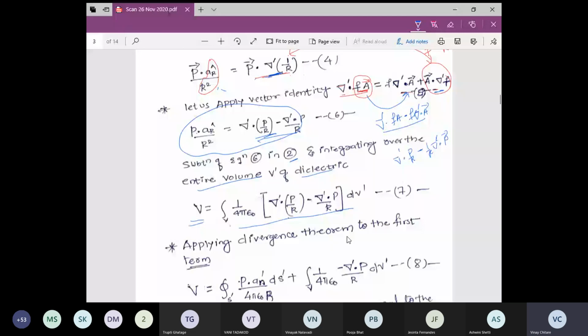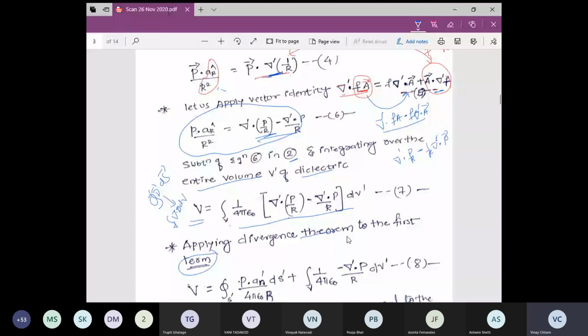Now applying the divergence theorem to the first term. You should recall that the divergence theorem converts a volume integral to a surface integral, del dot D dv.